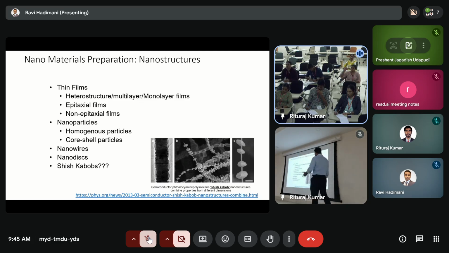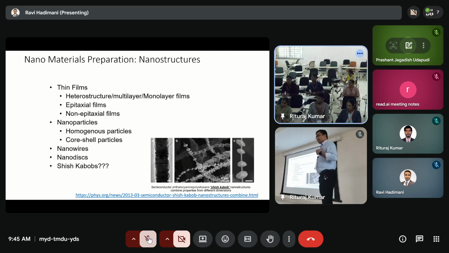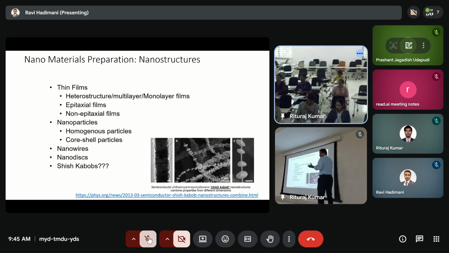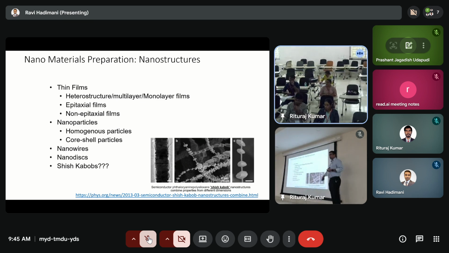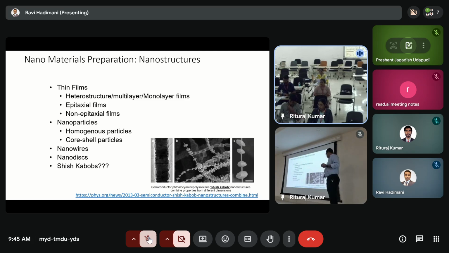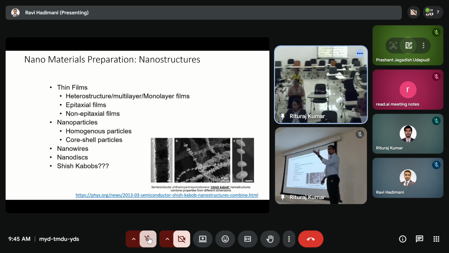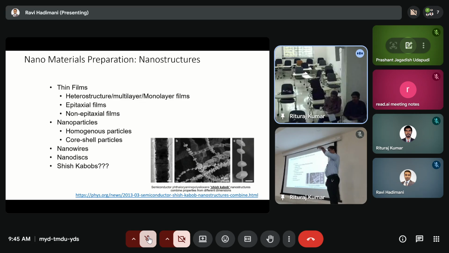So there are different types of nanomaterials, but joke aside, I'm not too familiar, but I just found it interesting. I'm sure there can be many things. Yeah, it's a nanorod with a nanoparticle attached at multiple locations.